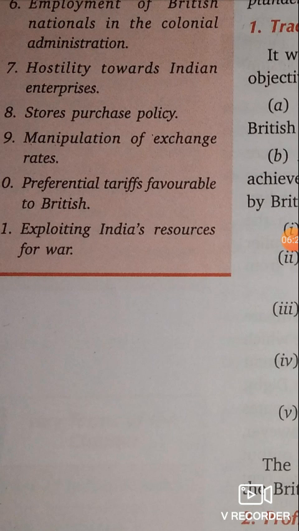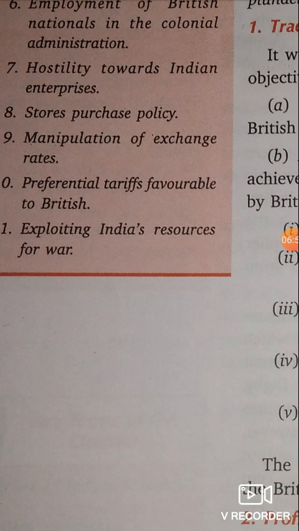And manipulation of exchange rate. Now you will be very much surprised: at the time of independence, the rate of one Indian rupee and one British pound was around equal. They manipulated it, meaning our currency's value was depreciated.